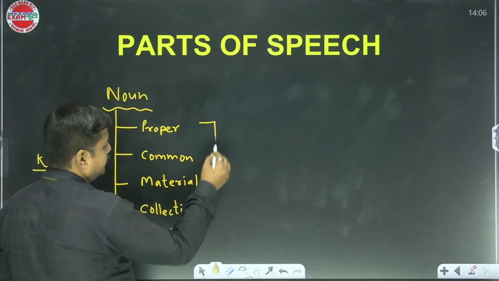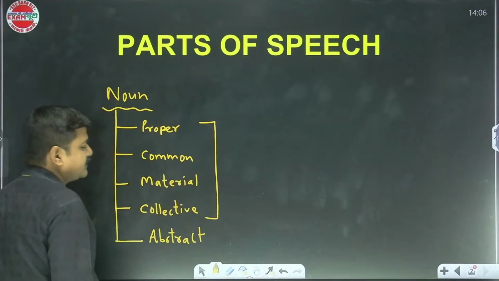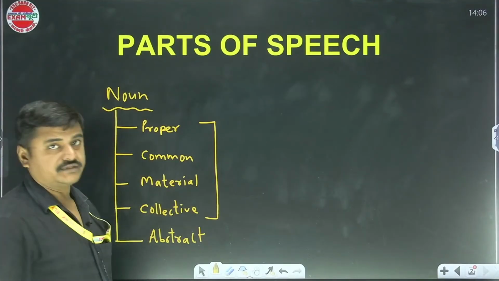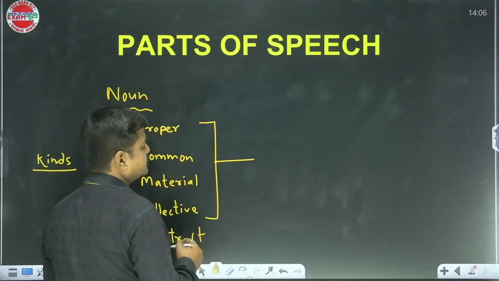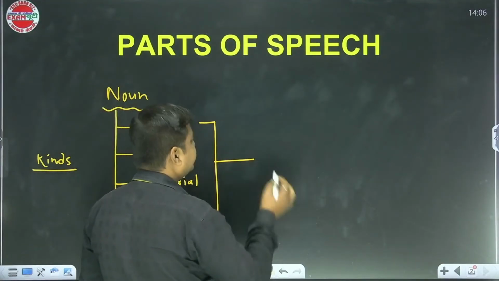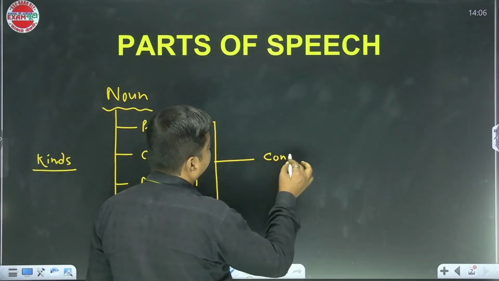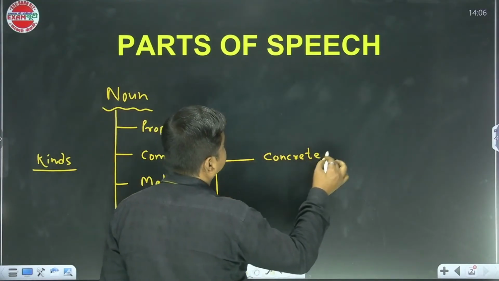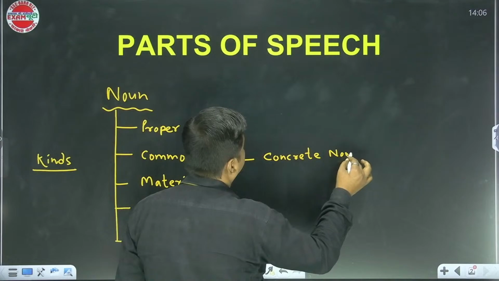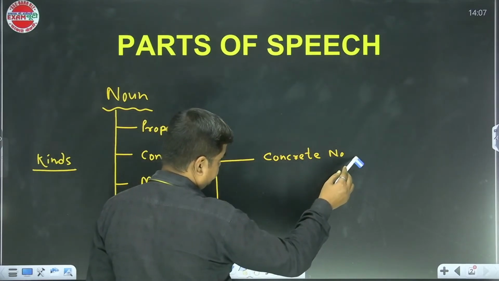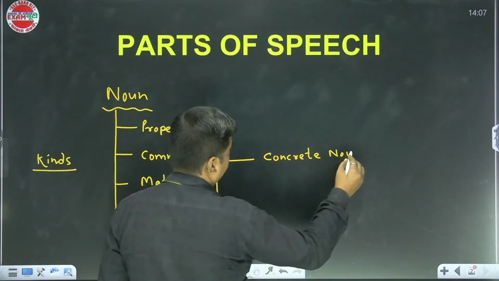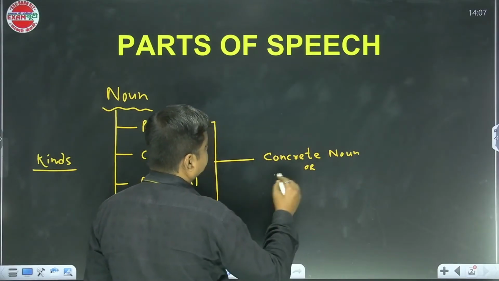And these first four nouns are collectively called concrete noun, or tangible noun.